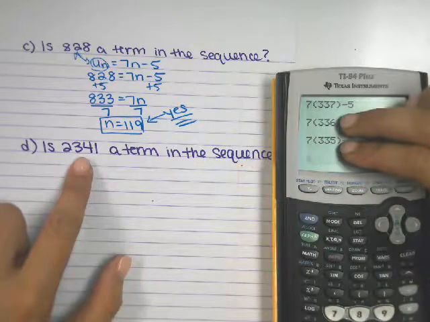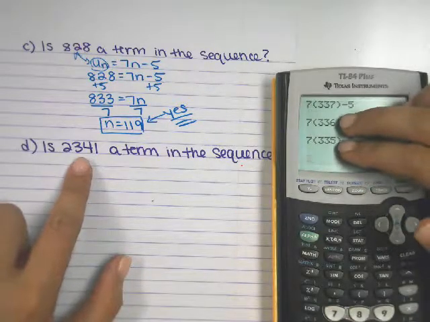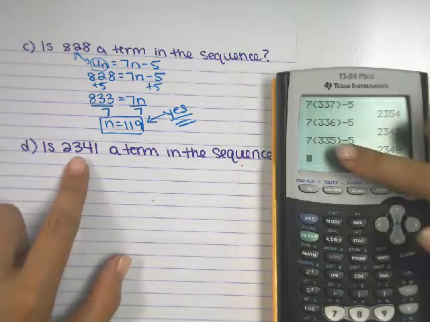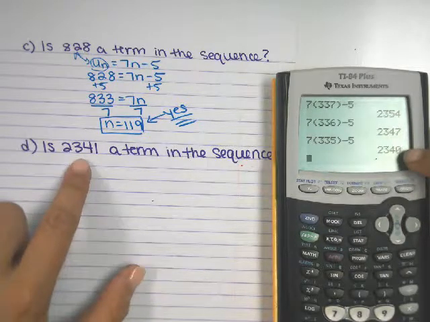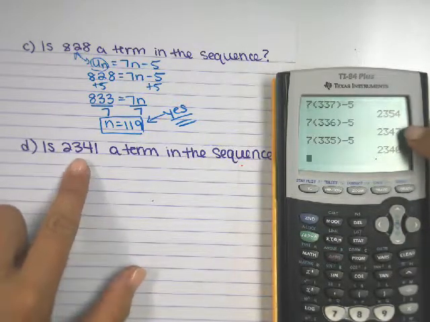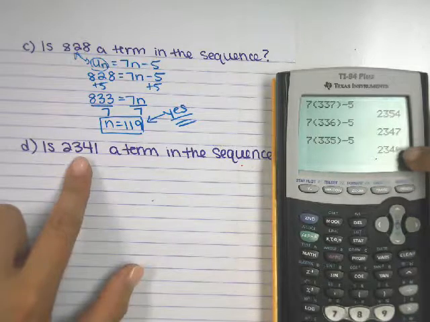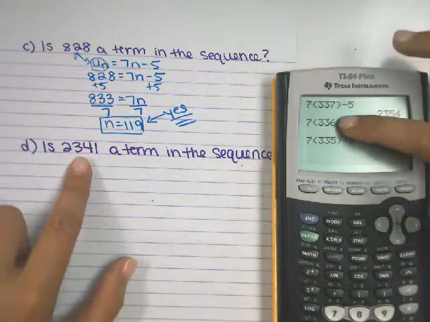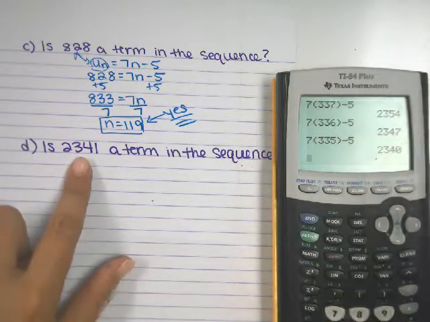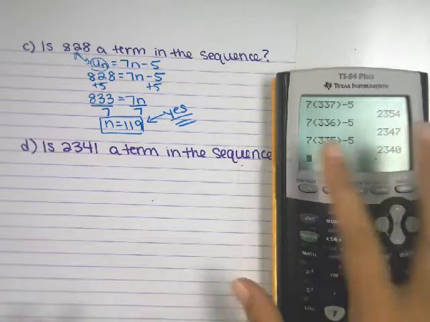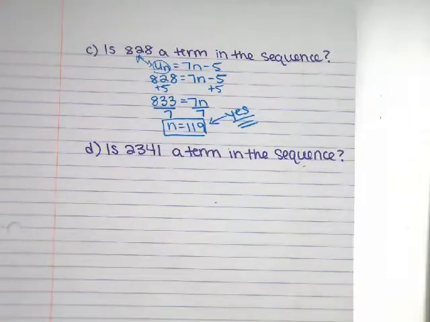It's between my 335th and my 336th term. Okay, my 335th is 2,340, and then this one's just a little too big. So that's showing that this is not a term in the sequence because it falls in between these two. We only have whole number terms. So this is the guess and check way, the guess way, I guess.